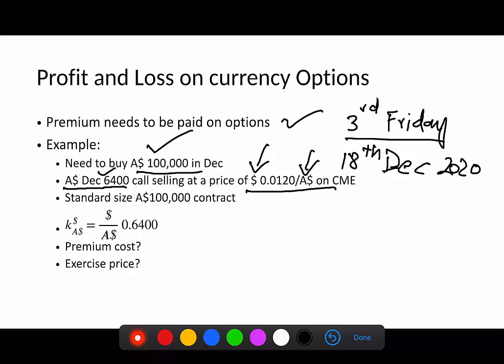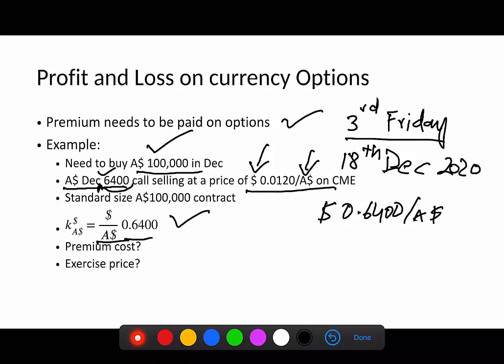What does strike price mean? It means that each Australian dollar you will be able to buy at US dollars 0.6400. So we move the four decimals over here, and this is the strike price, where the Australian dollar is the base currency.